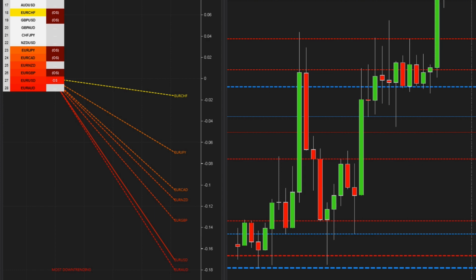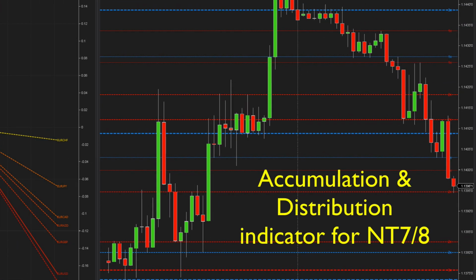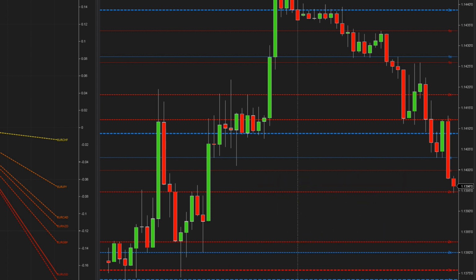If we move to the 30-minute time frame for the chart of euro dollar itself, I've only got one indicator on here, and that's the accumulation distribution indicator on NinjaTrader, which basically works on the price action and is looking at support and resistance from the perspective of whether a level has been tested from above in the past or from below.